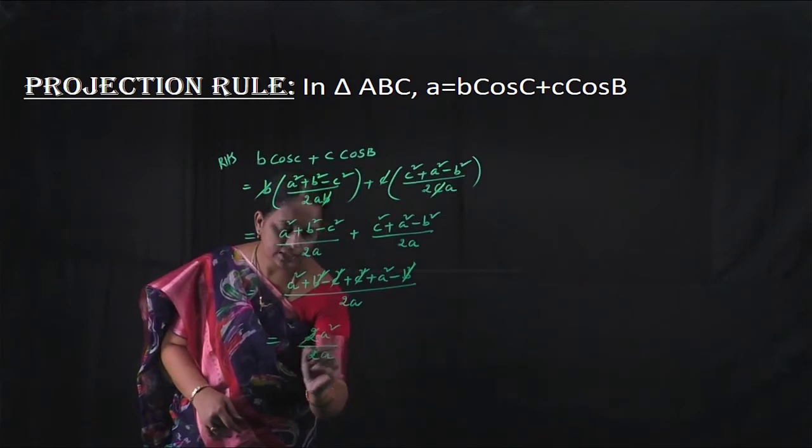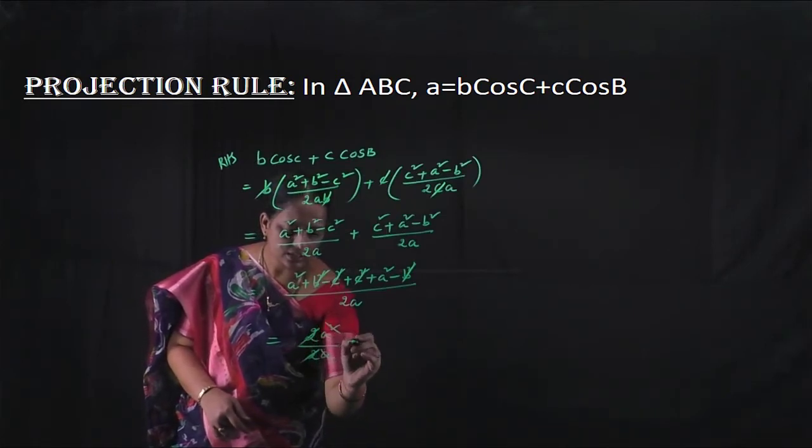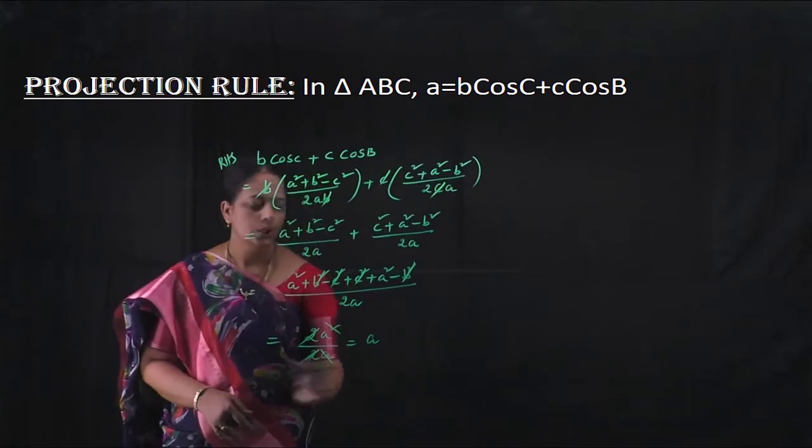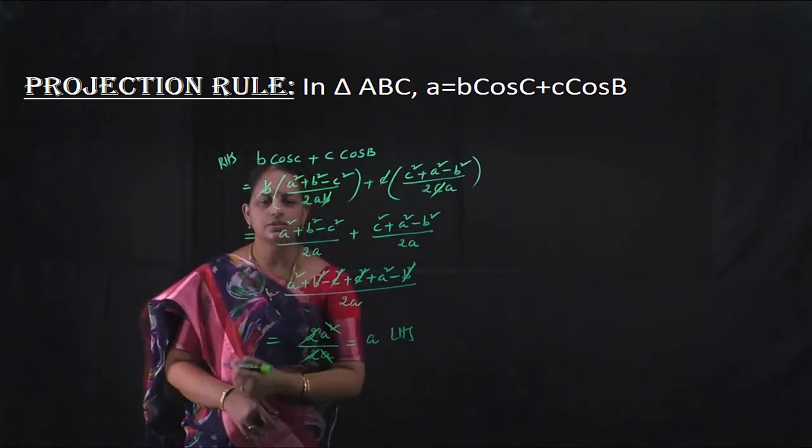Here the 2 gets cancelled and a gets cancelled. This is equal to a, which is equal to the LHS.